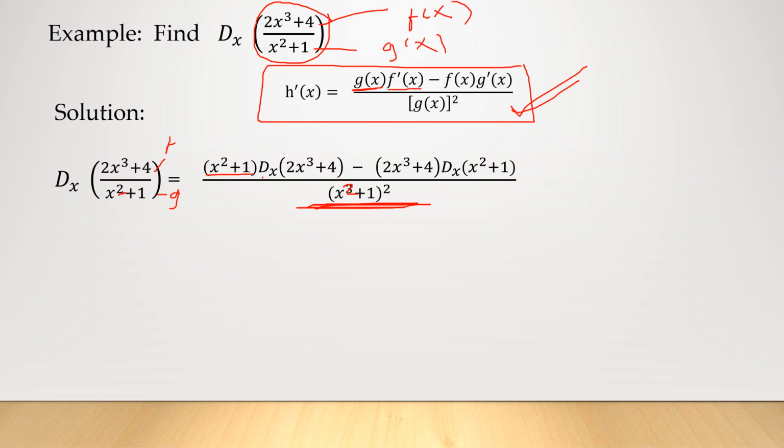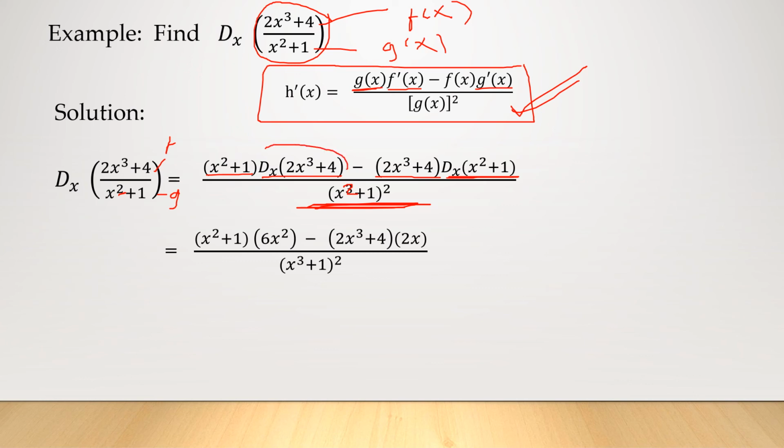So, kunin natin yung derivative ng f. Ito ang ating f. Minus the f, times the derivative of g. Ito naman, kukunin natin ang derivative ng g. Okay. So, i-follow natin yung previous theorems kanina on how to get the derivatives of the functions.